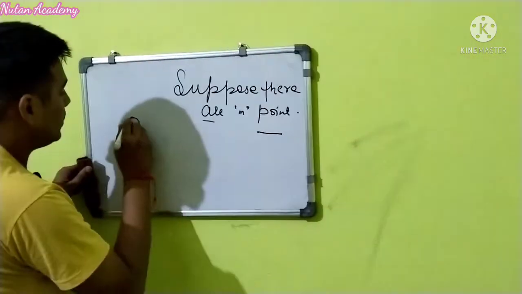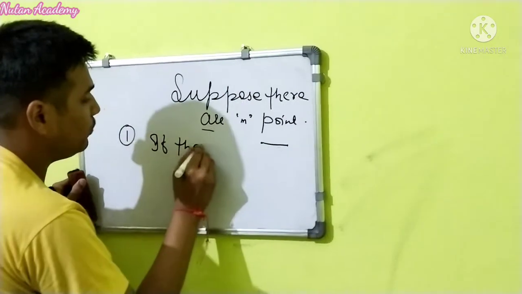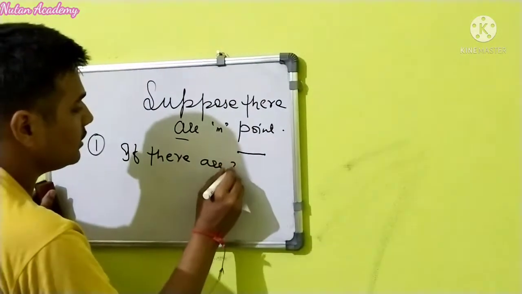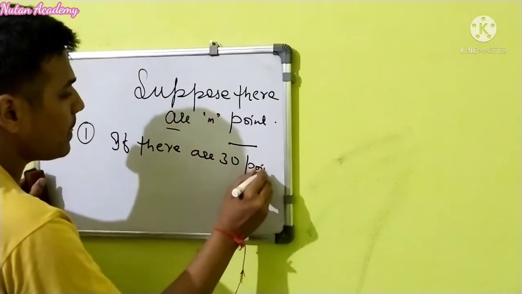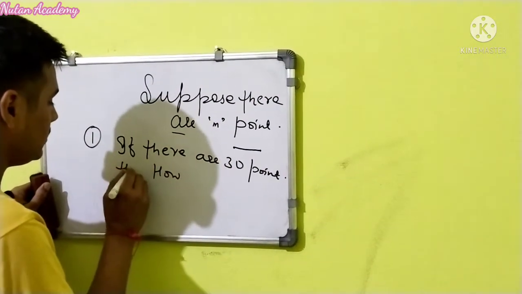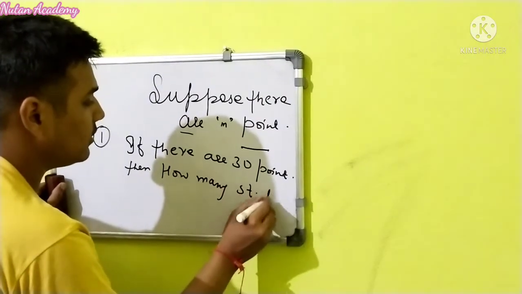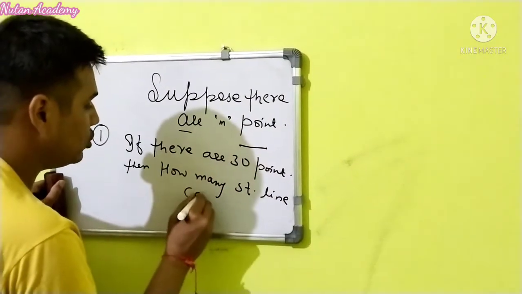Suppose that there are 30 points, then how many straight lines can be drawn?